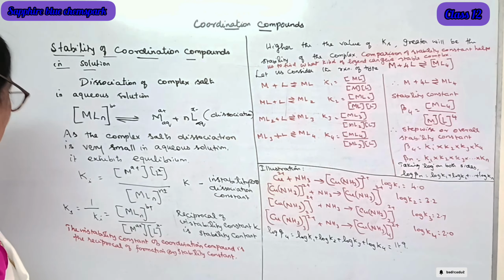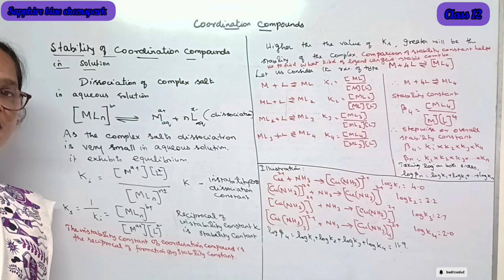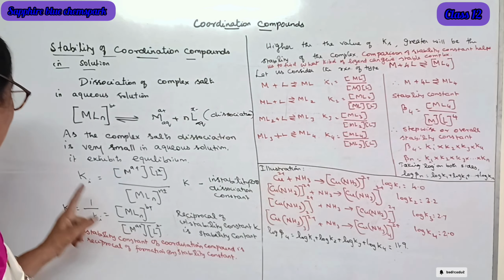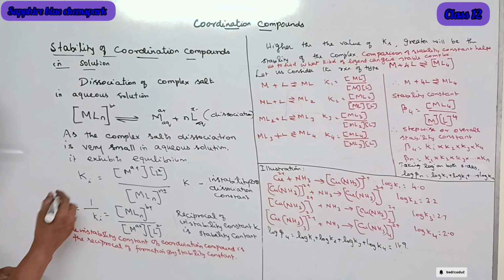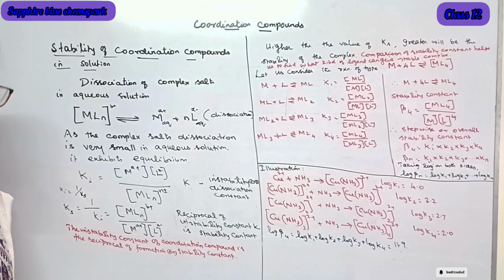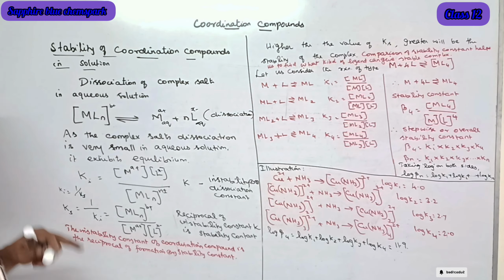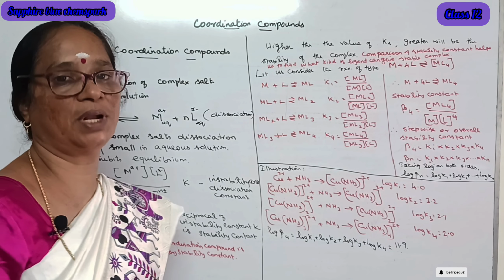From this we can identify that the instability constant of the coordination compound is defined as the reciprocal of the formation constant, because we can write Ki equal to 1 by Ks. So we can define both the instability constant as well as the stability constant of the complex.